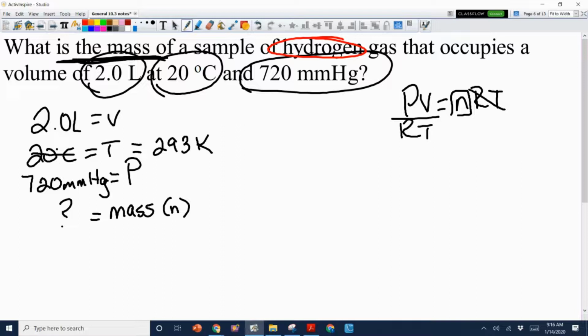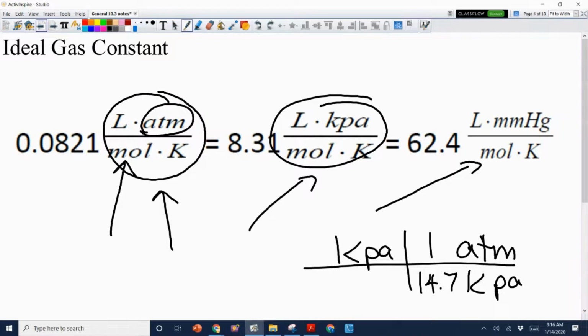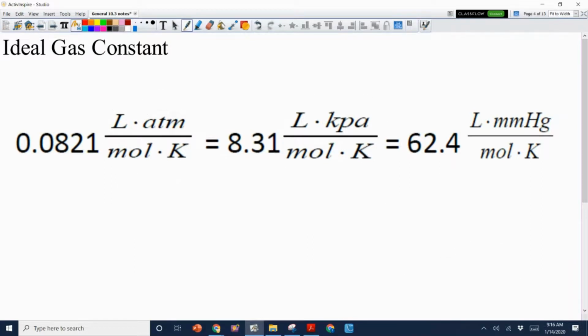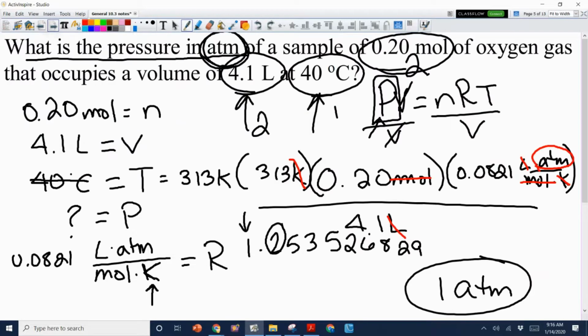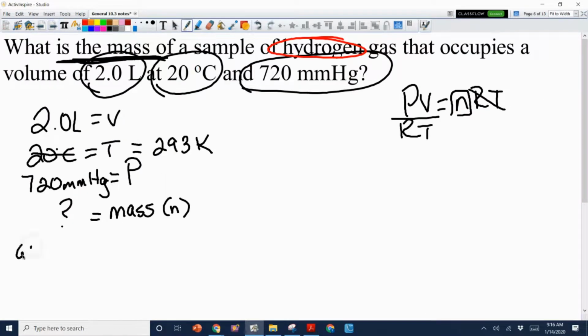All right, so for our R, we need to use the mmHg. So let's look at that. The mmHg is 62.4. So 62.4 liters mmHg over moles Kelvin. All right.